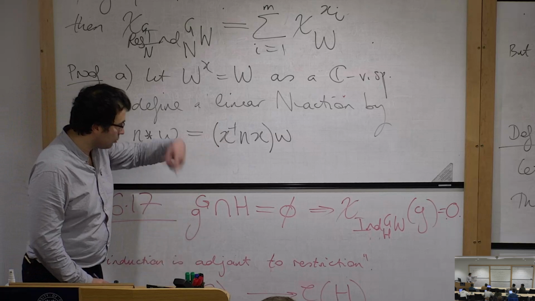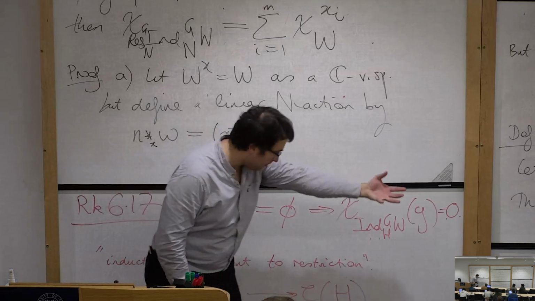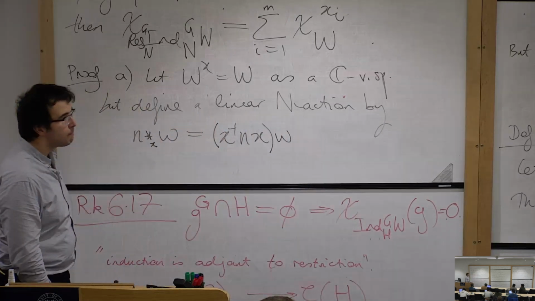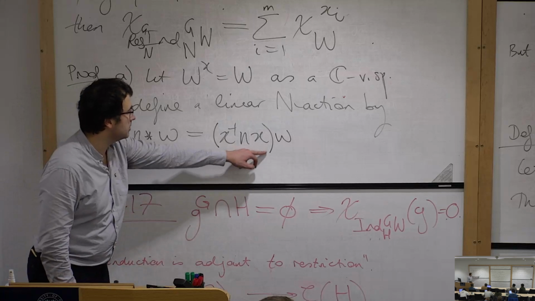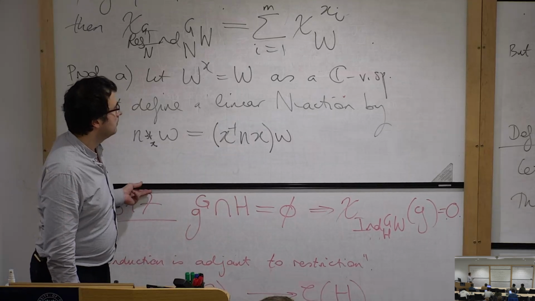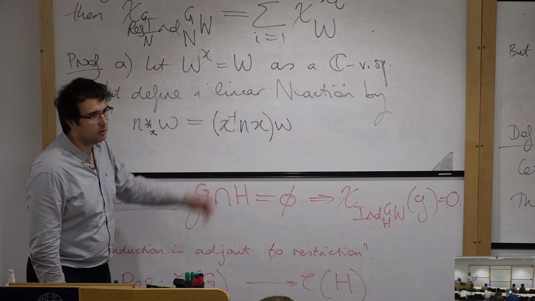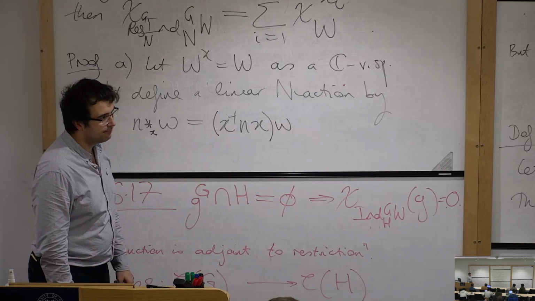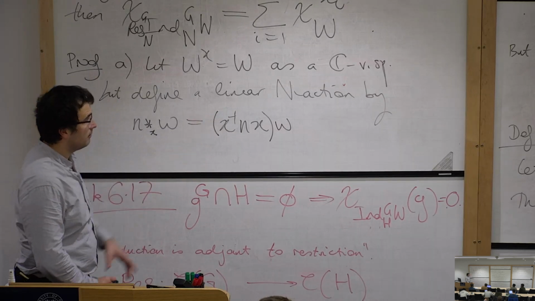Conjugate by x, that's an automorphism of the group, and then I apply my representation. This is well defined because N is normal and x is fixed. And then the trace obviously will be the twisted character. Okay. And B I've done here.